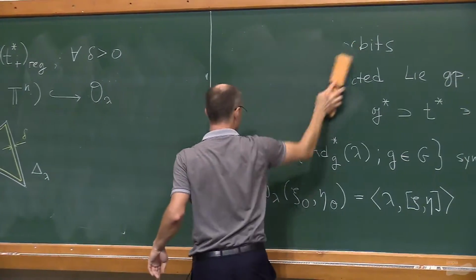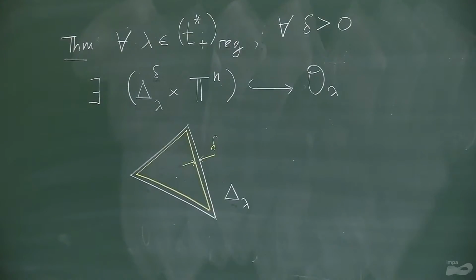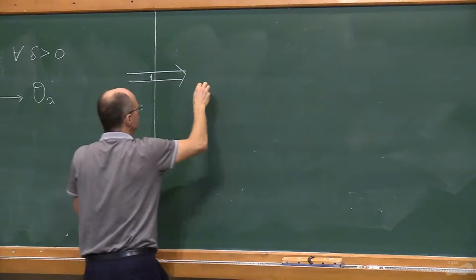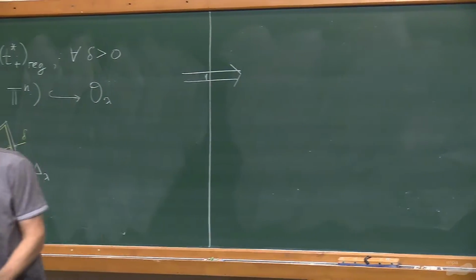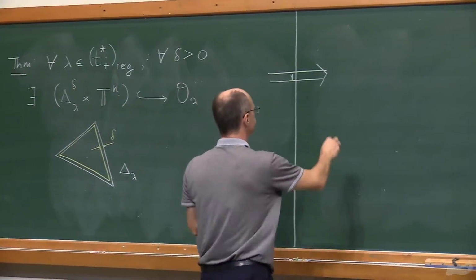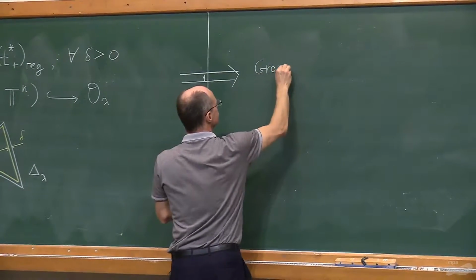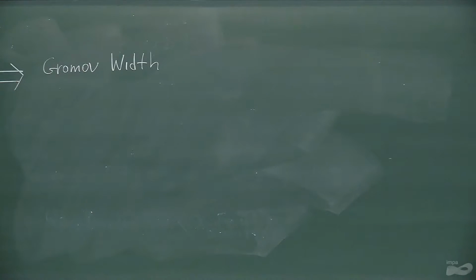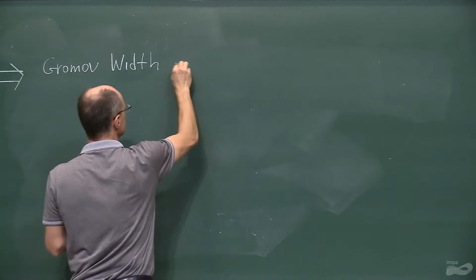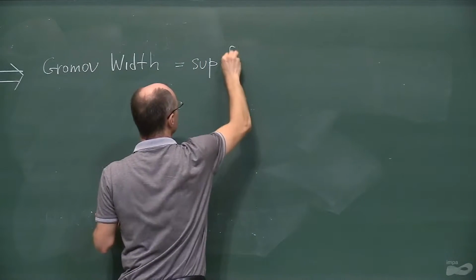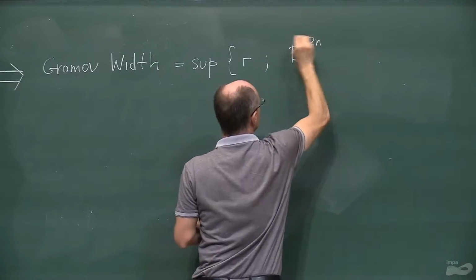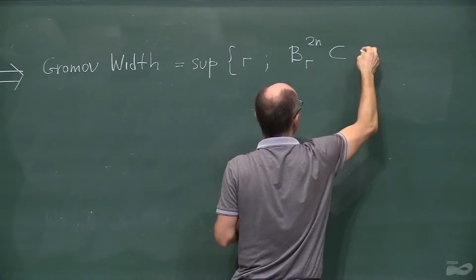an interesting corollary of this theorem. I don't know that much about it, but I think it's an interesting consequence. There is a notion of the Gromov width of a symplectic space, and this is a supremum of the radius of a symplectic ball inside your space.